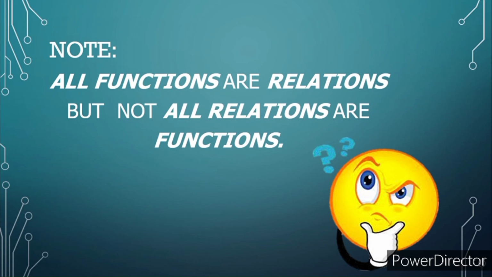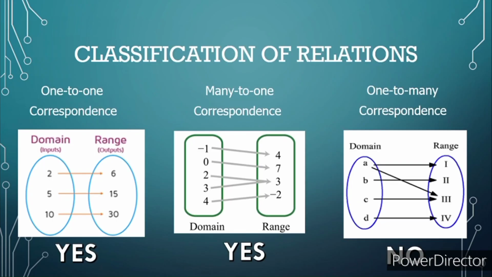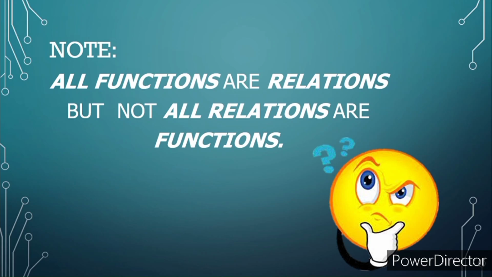Lahat daw ng functions ay relation, pero hindi lahat ng relation ay functions. Parang ito, kanina, di ba? Lahat ito function, pero hindi lahat ay relation. Lahat ito ay relation, pero yung one-to-many is not a function. Hindi lahat ng relasyon ay nagpa-function. Pero lahat ng function ay may relation.